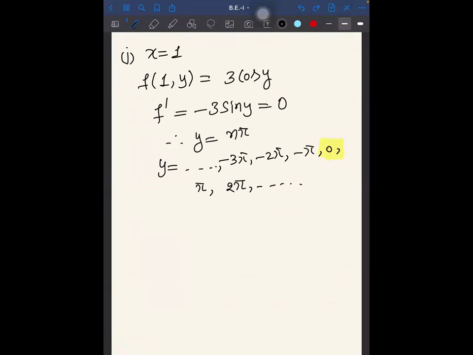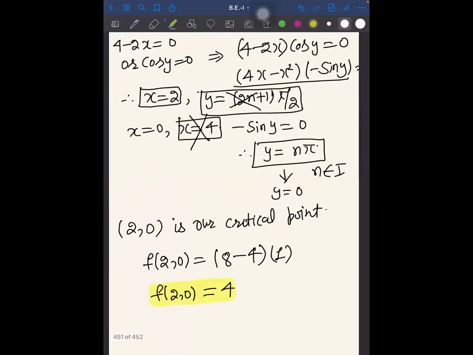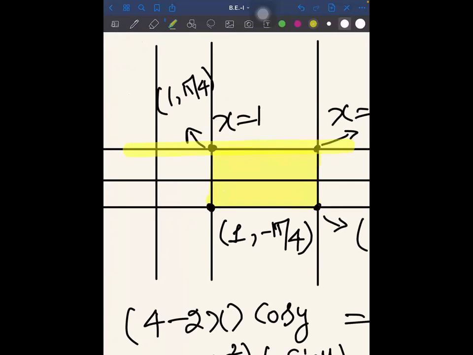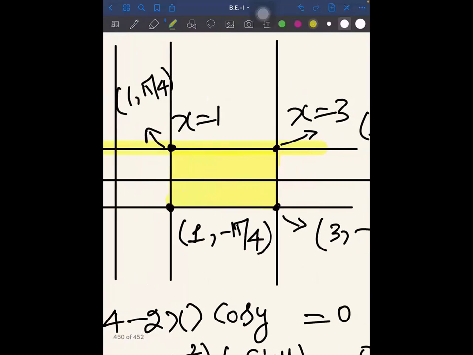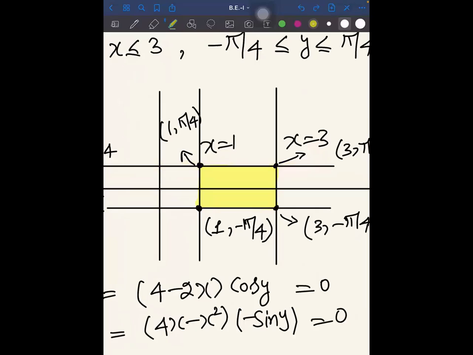You calculate the value only at y equal to 0. So if you pick that 0 over here, that becomes 3. So that is one value. But since you are dealing with x is equal to 1 here, this is the line with which you are dealing. So these are two corner points which should be evaluated separately.